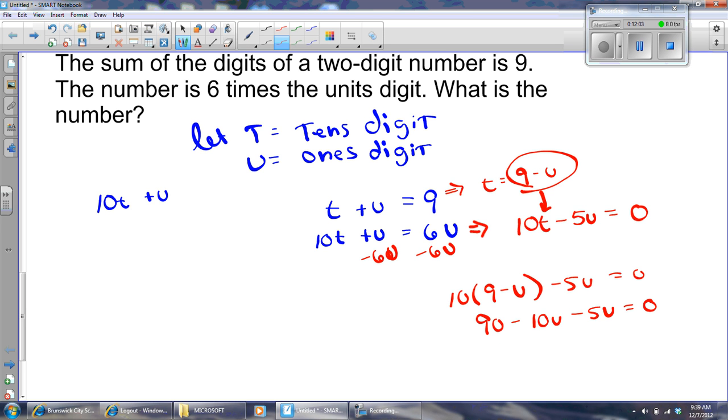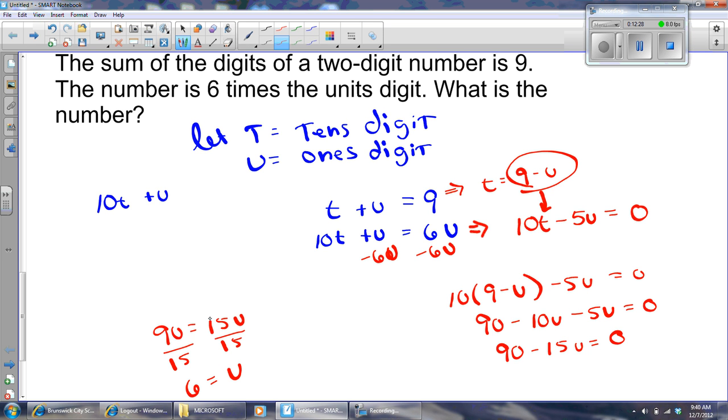So 90 minus 15u, that will equal 0. So then I can say 90 is equal to 15u. I'm going to divide by 15. And I know 2 15s make 30. 3 30s make 90. 2 times 3 is 6. So the answer must be 6.